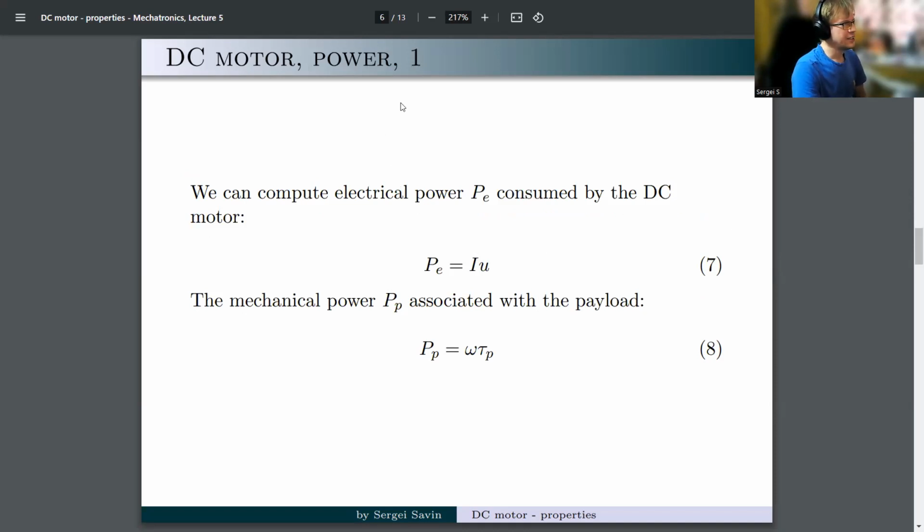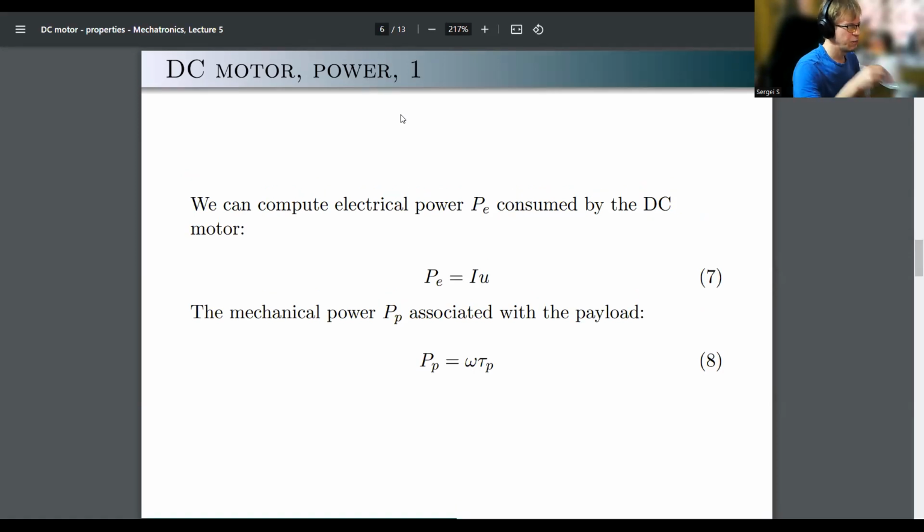Now, let's consider the question of power, mechanical and electrical power. Electrical power consumed by the DC motor, we define it as P sub E. It is simply a product of current and voltage.